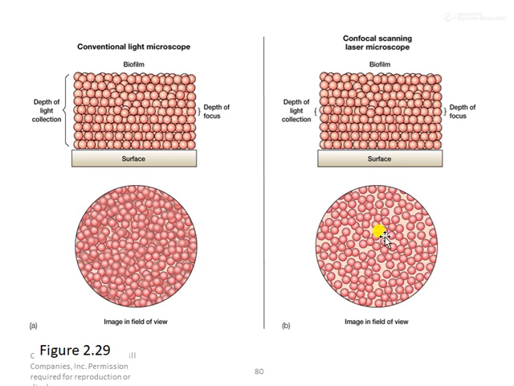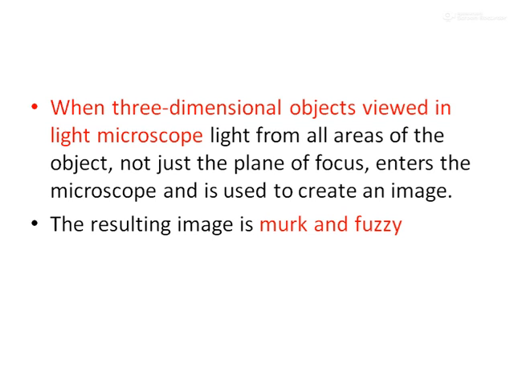And so the focused plane alone is displayed. This makes it easier for us to understand what is happening within that one plane. And simultaneously, different planes can be viewed, and as a result, you can analyze different planes of the particular specimen.